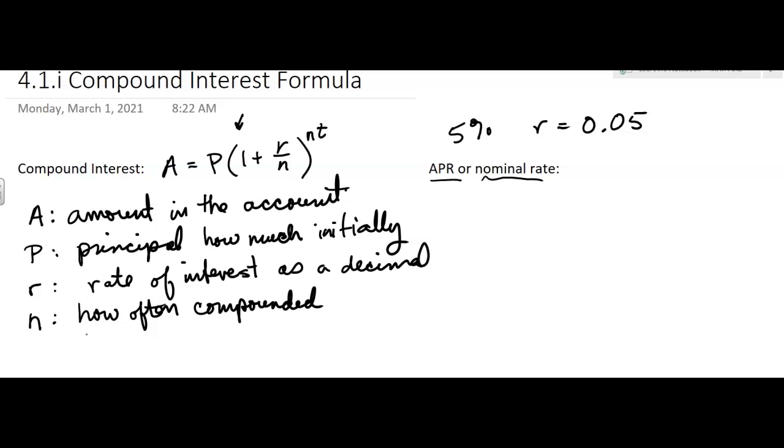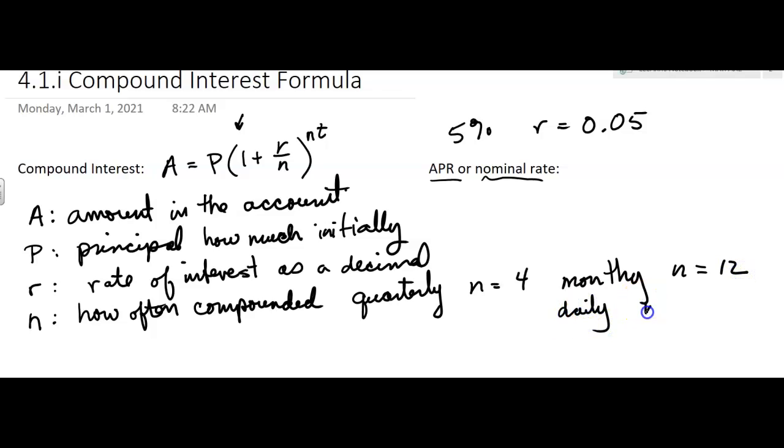So if you're compounding quarterly, then N is 4, because it's 4 times a year. If you're compounding monthly, then N is 12. If you're compounding daily, N is 365. They use 365. Semi-annually is twice a year.